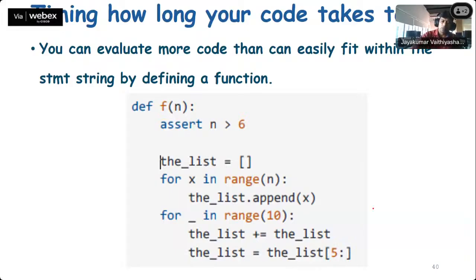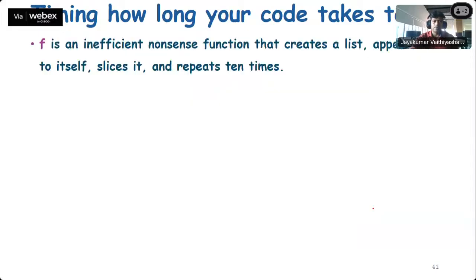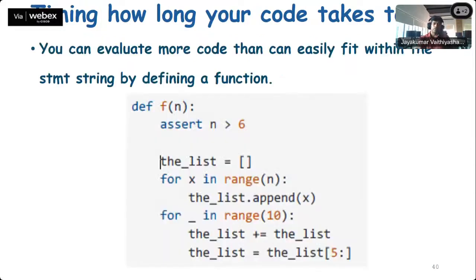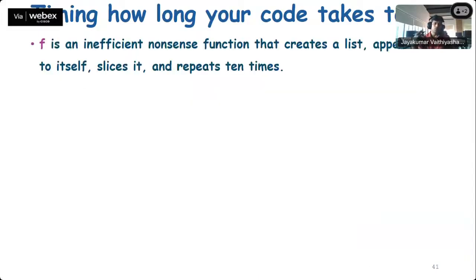Fine. So let's see how much time it will take. f is an inefficient nonsense function that creates a list, appends to itself, slices it, and repeats 10 times. Look at your code. Each and every time it will append to itself and it will slice. So it will do the repetitive process.